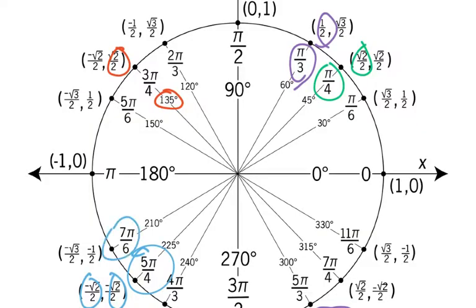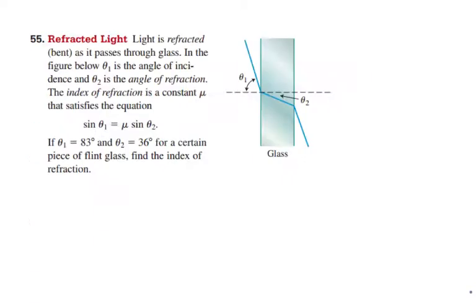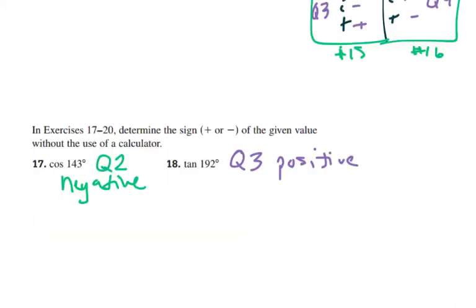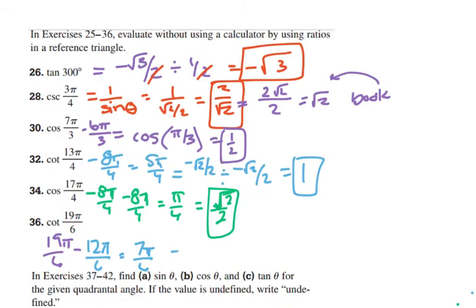And we want cotangent, so that means we want to do the x value over the y value. So negative square root of 3 over 2 over negative a half. And then, of course, those negatives will cancel, the 2's will cancel, and so we end up with the square root of 3 as the cotangent of 19 pi over 6. And, of course, you can do this with a calculator to check. So if you do this in your calculator, 1 over tangent of 19 pi over 6, you're going to get the decimal equivalent of square root of 3.